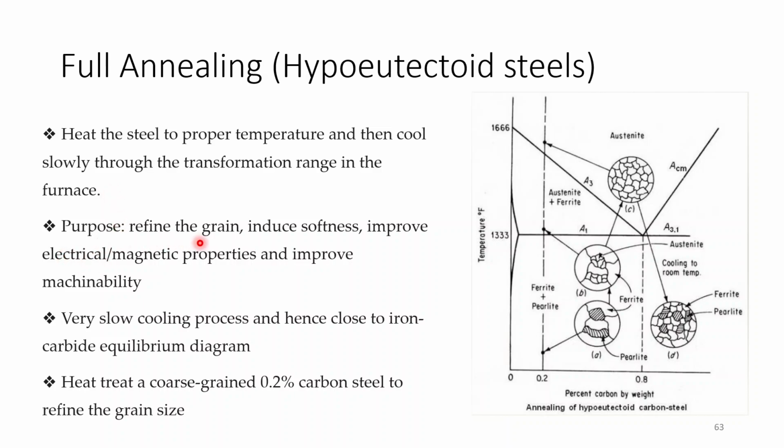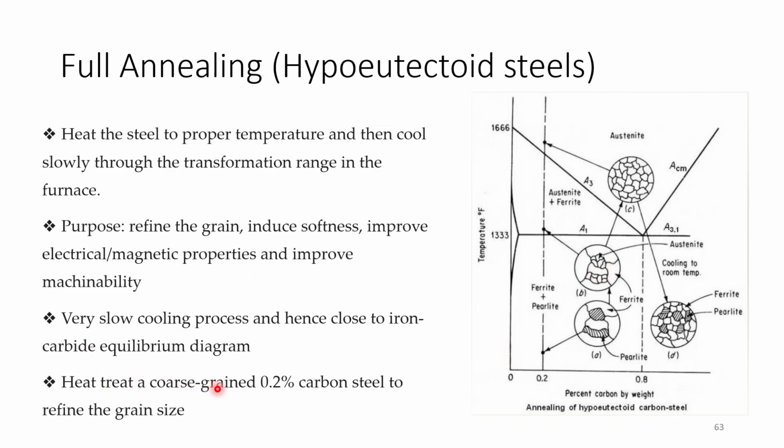The purpose is to refine the grain, induce softness, improve electrical or magnetic properties and improve machinability. Then it is a very slow cooling process, hence close to the iron carbide equilibrium diagram. So you can predict what the composition of these phases will be as well.